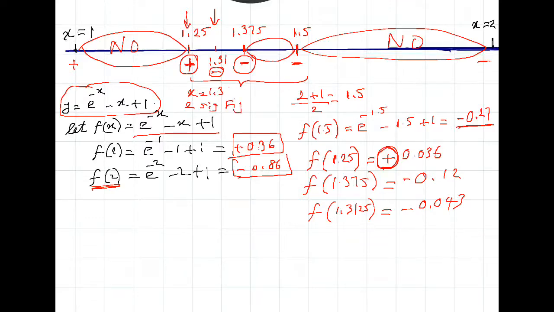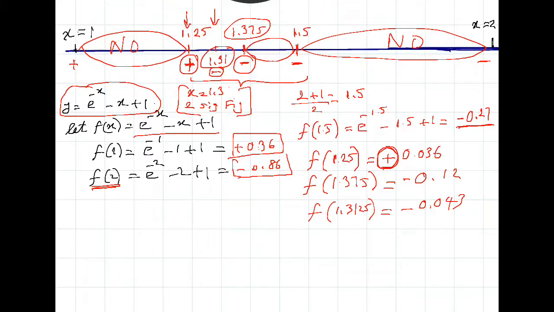So we say x equal to 1.3, because the one before that was 1.375 and this is 1.31, so that is close enough to the requirement of the answer, which is two significant figures.